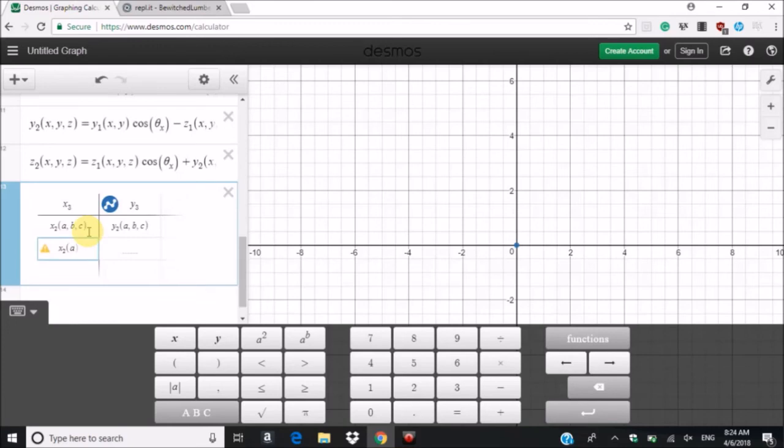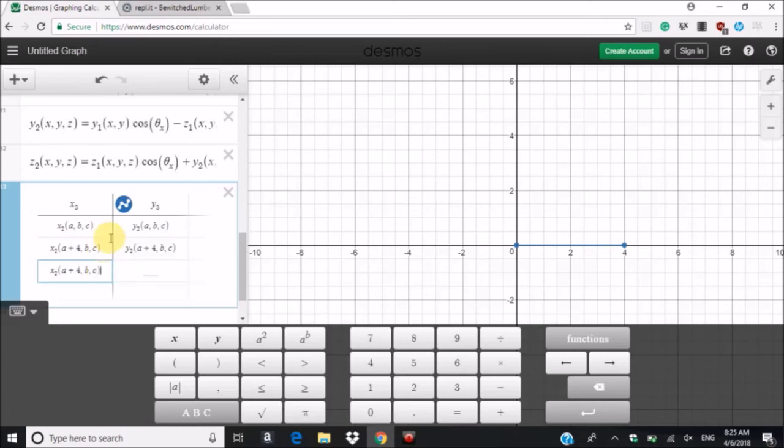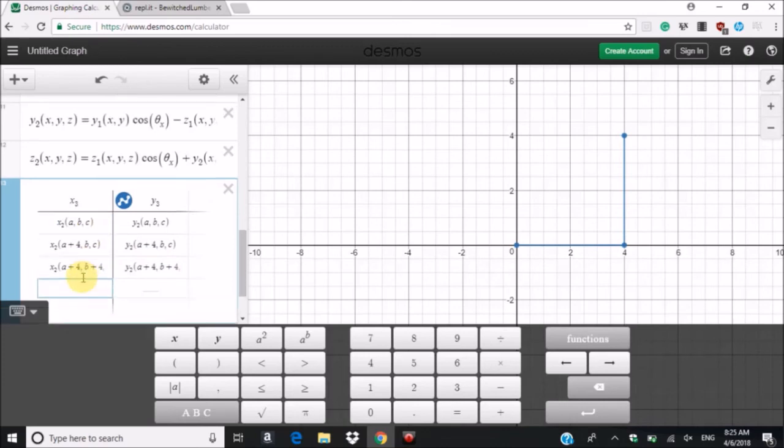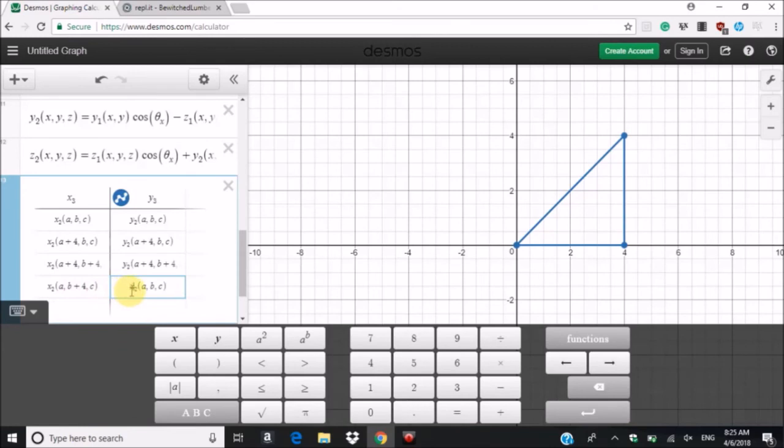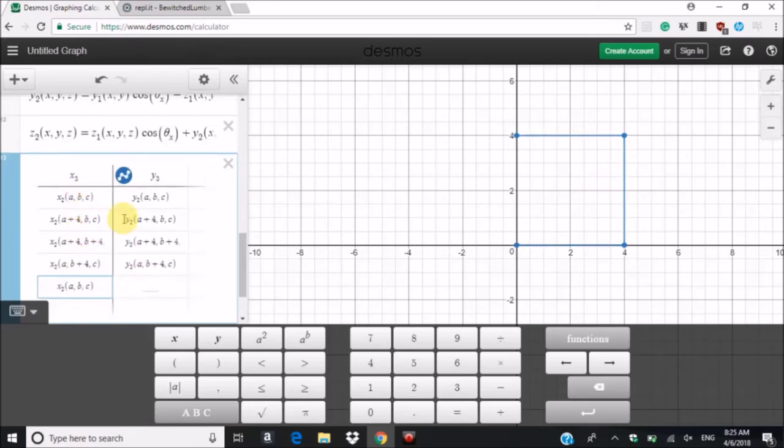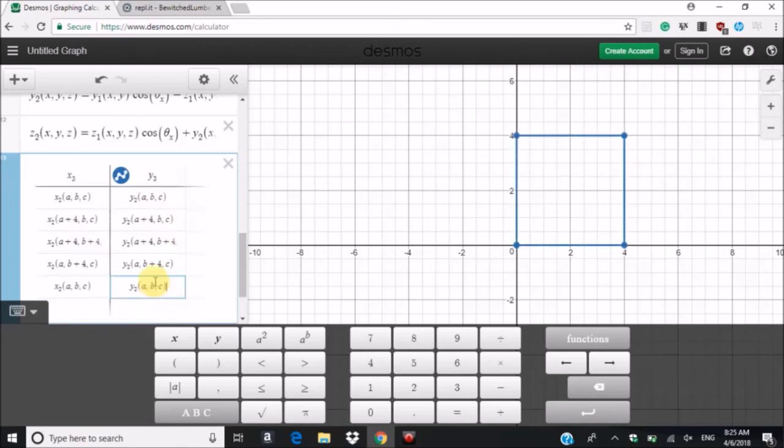So x2 a plus the width. Okay, there's a square.